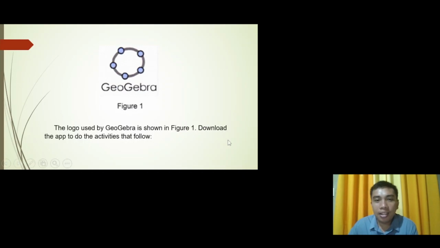With GeoGebra, everything will be easy. The logo used by GeoGebra is shown in figure 1. You're going to download that app to do the activities that follow. Try to download that right now, or you can go to the browser and click GeoGebra.